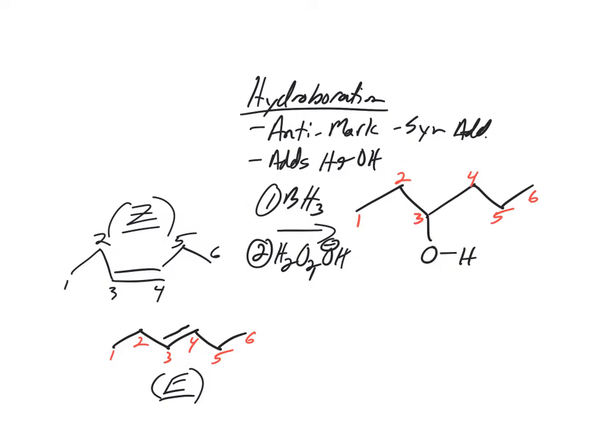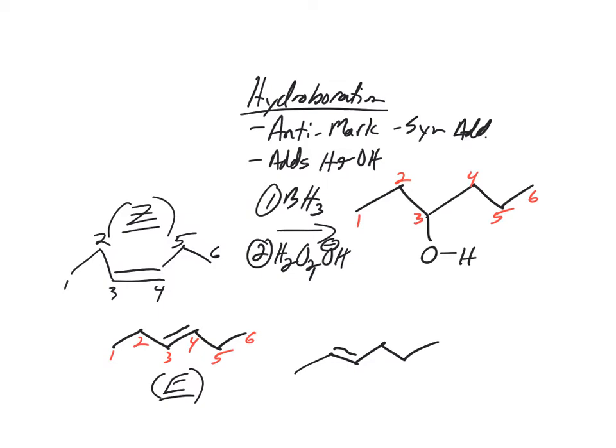So good question. Why does it have to be between 3 and 4, not 2 and 3? Because if the pi bond was between 2 and 3, you could also get the OH at carbon 2. Notice here, are carbon 3 and 4 different? They're exactly the same. This molecule is symmetrical.